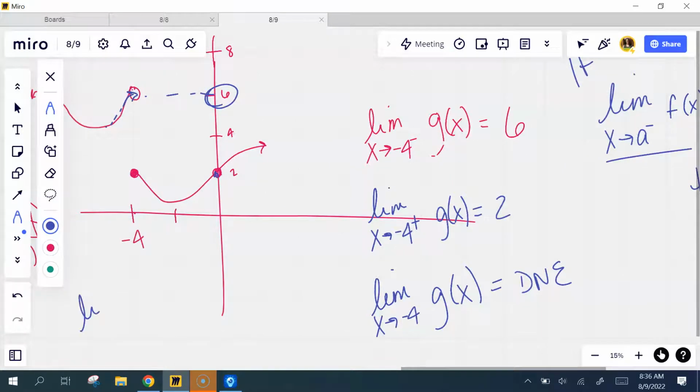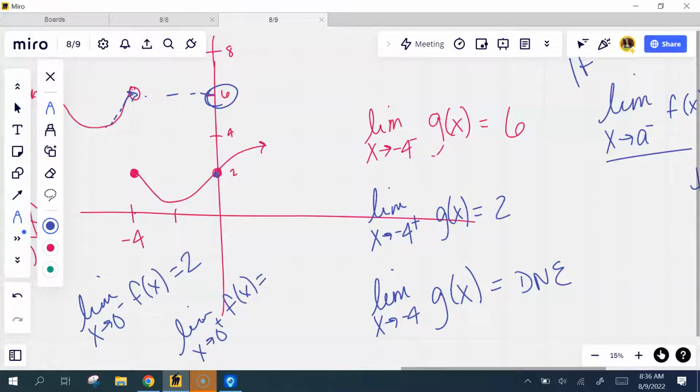what is the limit as x approaches 0 from the left? 2. Look at your y value there, right? And I'm approaching 0 this time. It's 2, right? As I come in this way. How about the limit as x approaches 0 from the right? 2.